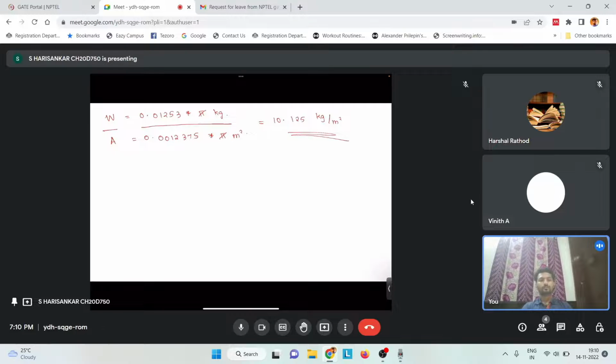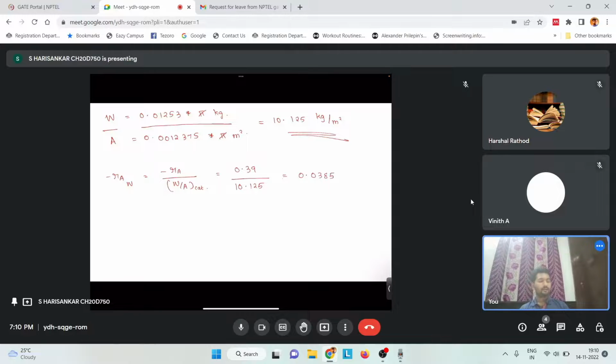So now our reaction rate in terms of kilogram of catalyst, let us denote it as minus r A prime W. This will be the given reaction rate divided by W by A of catalyst. So this will be 0.39 by 10.125 kilogram per meter square of catalyst. And if we do the math here, we'll get the final answer as 0.0385.